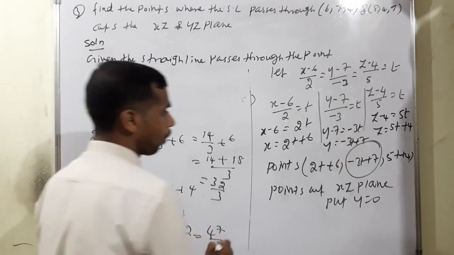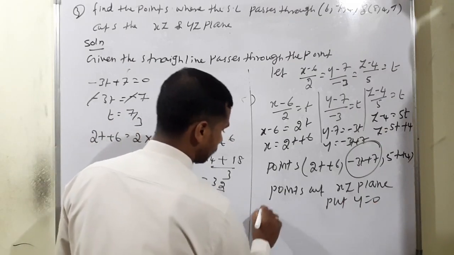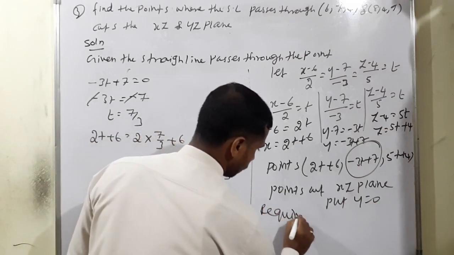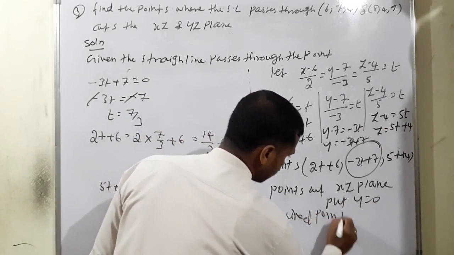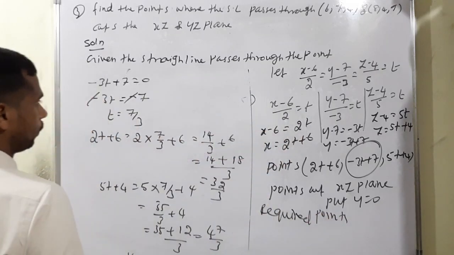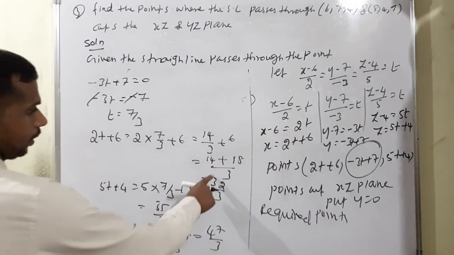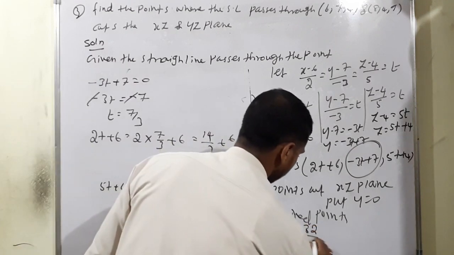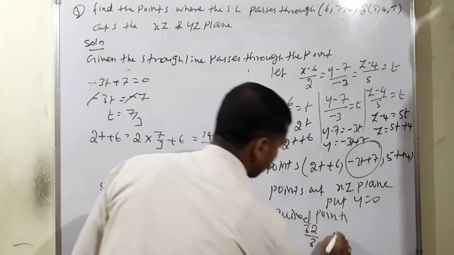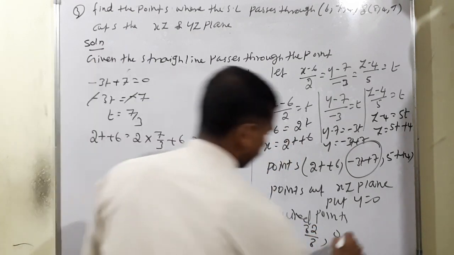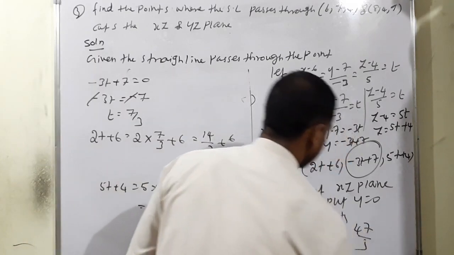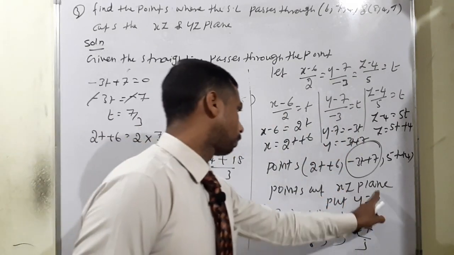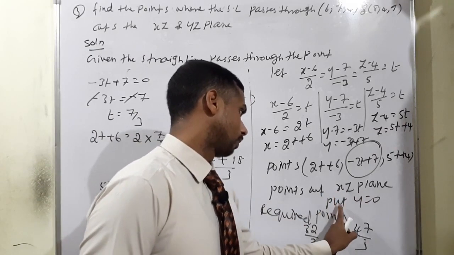Therefore, the required point when y is equal to 0: x value is 32 by 3, y is 0, z is 47 by 3. This is the point where the line cuts the xz plane.